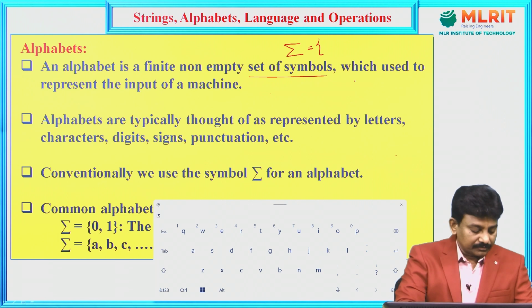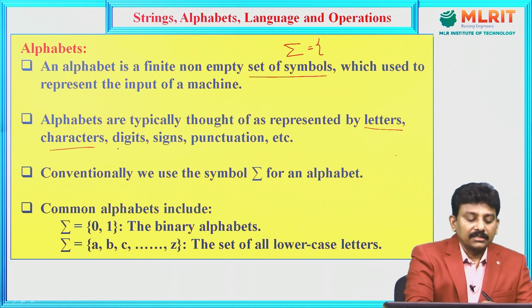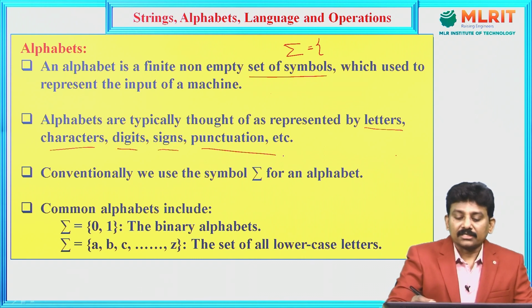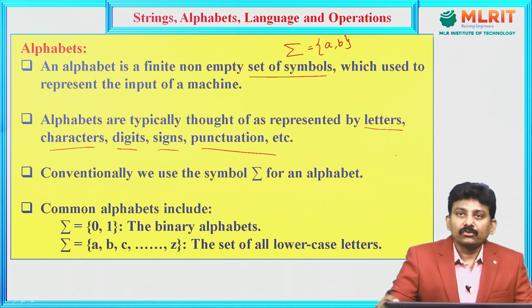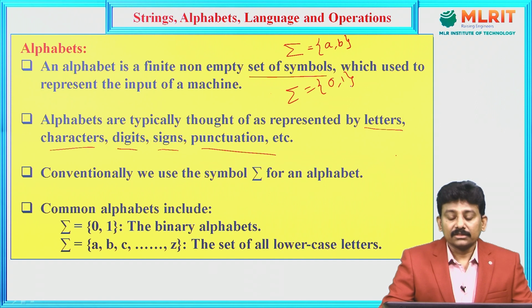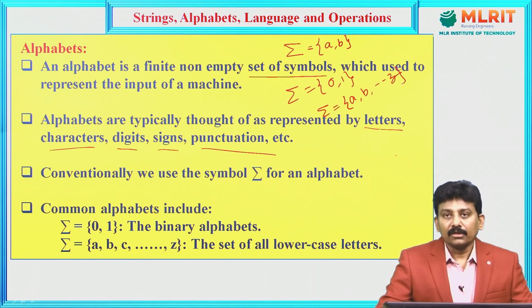The symbols include letters, characters, digits, signs, punctuations, etc. Here, the set of letters A, B, a set of two symbols, or another alphabet 0, 1, the set of binary digits 0, 1, sigma; another example for alphabet is A, B up to Z, that is the set of lowercase letters. These are all examples for alphabet.